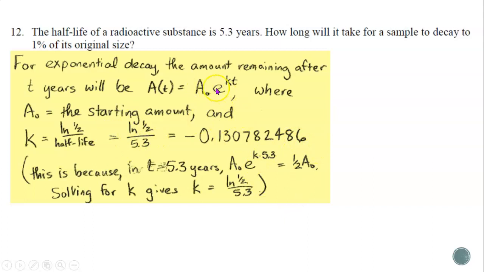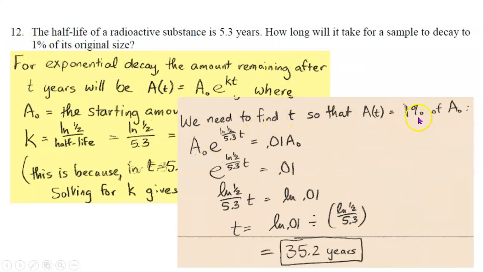So now that we have our function that gives how much will be remaining after t number of years, we need to set that equal to 1% of the original amount, 0.01 times a sub 0. We don't know what the original amount is, but that's okay because that divides out. The very first thing we do is divide both sides of this equation by that a sub 0. So it sort of cancels out.